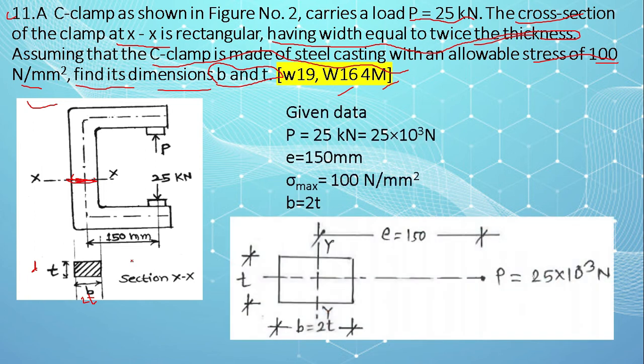So the given data is: load P is equal to 25 kN, convert it into Newton, 25 into 10 raised to 3 Newton.